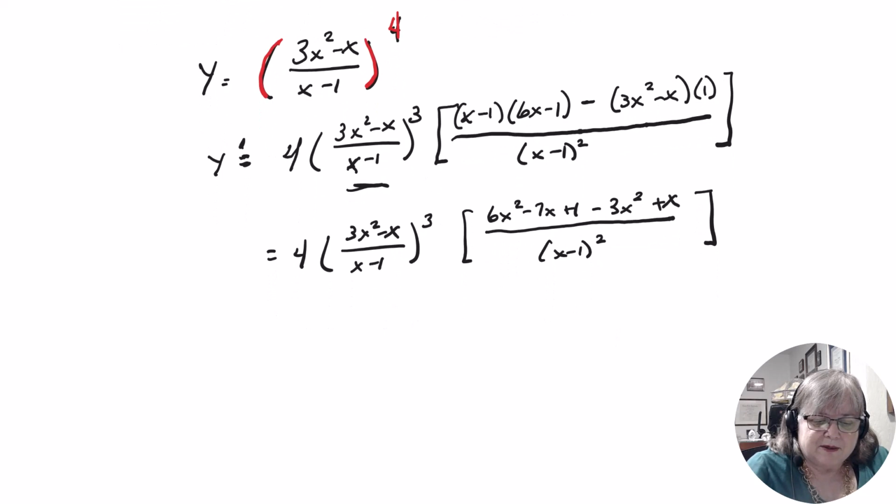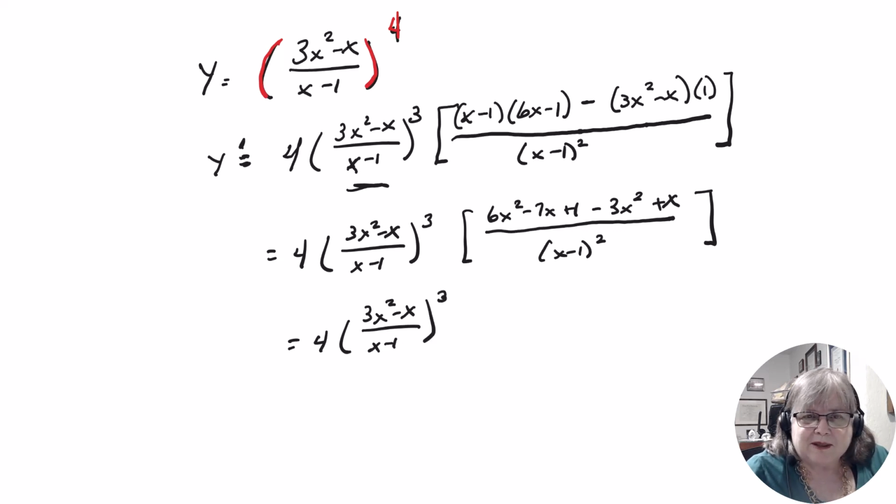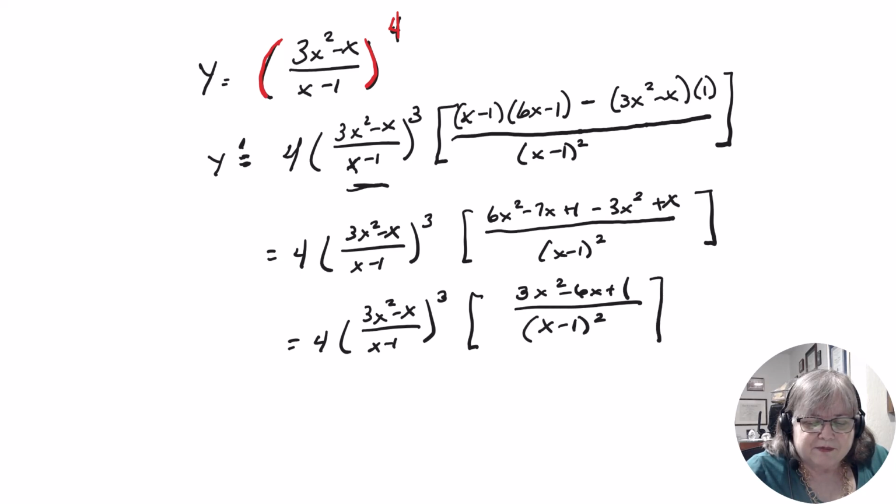So I think I can still do a little bit of work. Write all this down so I don't lose it. You'd hate to lose it 3 steps up and then have half your problem gone or all of it. All right, so this is going to go to (3x² − 6x + 1) over (x − 1)².